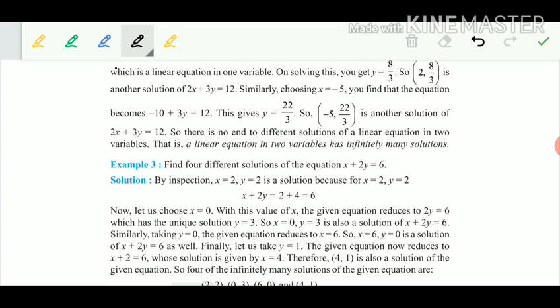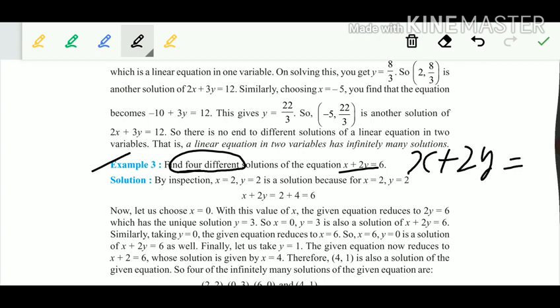Take example number 3. Find four different solutions. Now four solutions we have to find. It means four pairs of values of x and y we have to find for the equation x plus 2y is equal to 6.